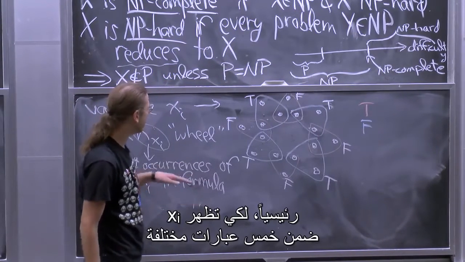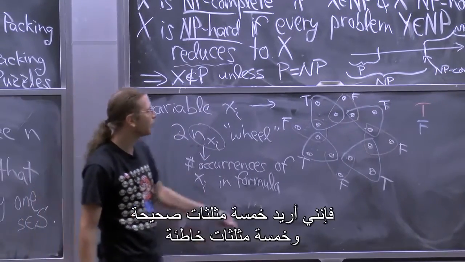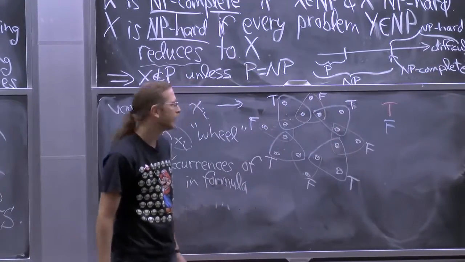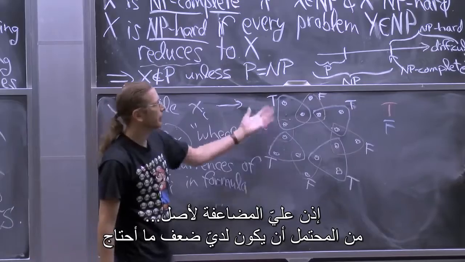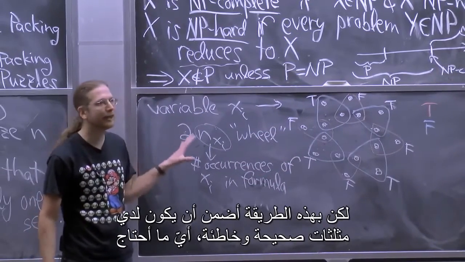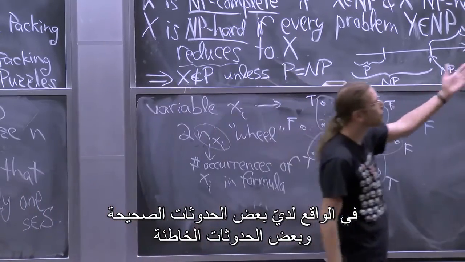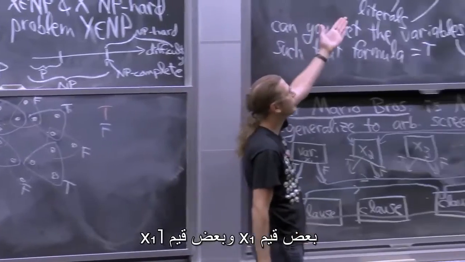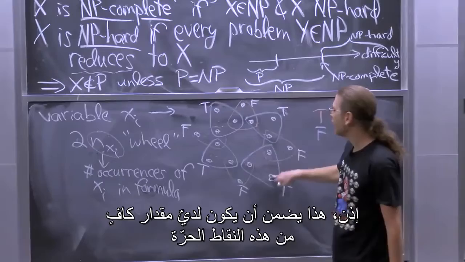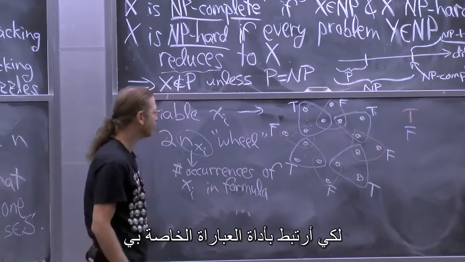So in order for xi to appear in, say, 5 different clauses, I want 5 of the true things and 5 of the false things. And so I need to double, potentially I have twice as many as I actually need, but this way I'm guaranteed to have false or true, whichever I need. In reality, I have some true occurrences, some false occurrences, some xi, some xi bar. This will guarantee that I have enough of these free points to connect into my clause gadgets.